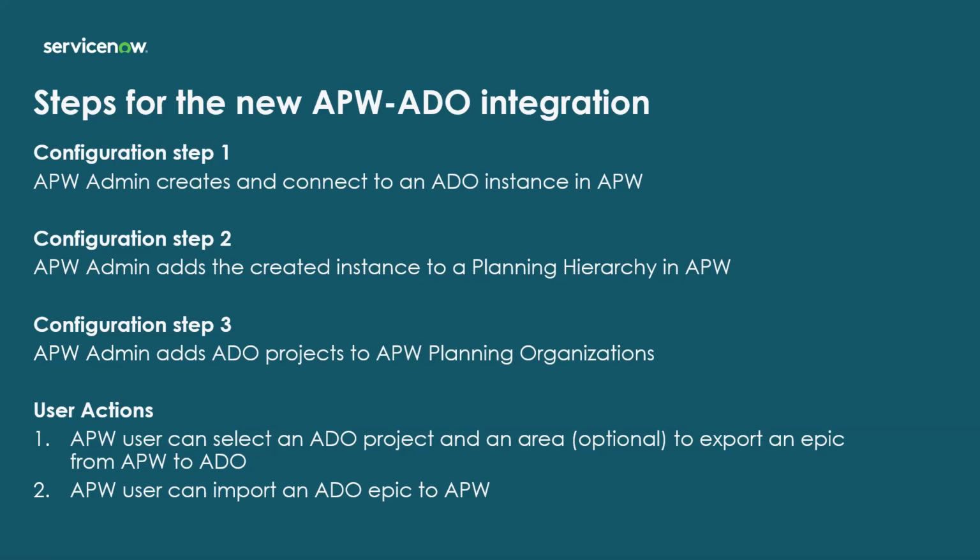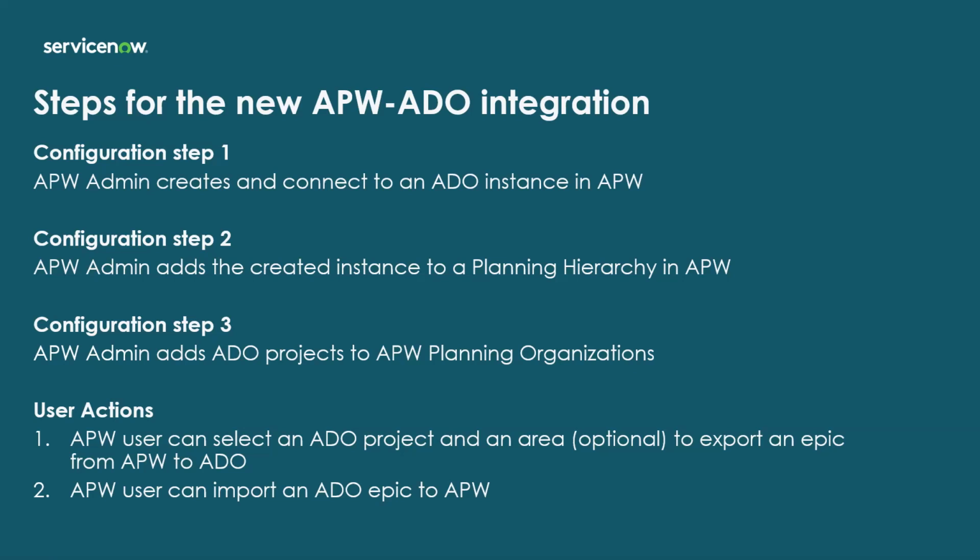This is absolutely similar to the step that you have to do to create Agile ADO integration. So as you do in Agile, you have to create the ADO instance in Alignment Planner Workspace, and then create your connections, your credentials, and then connect to this instance.